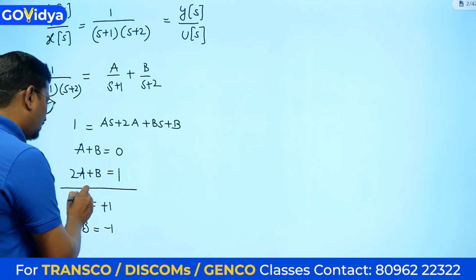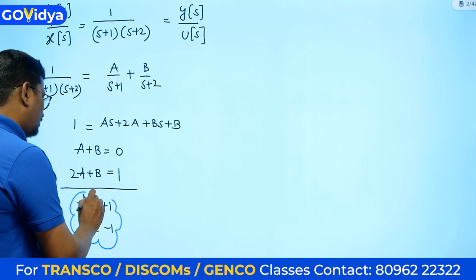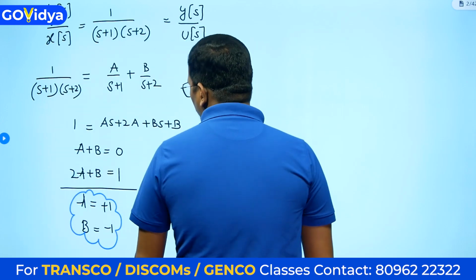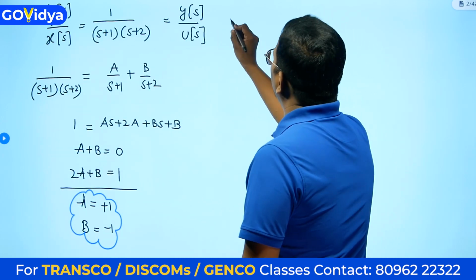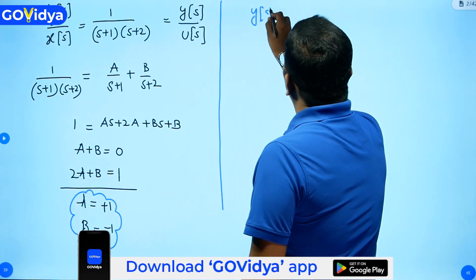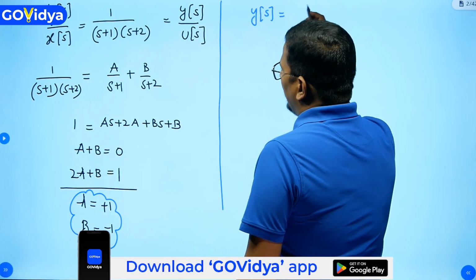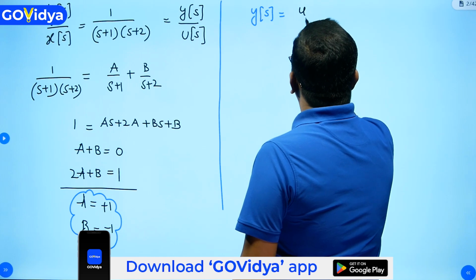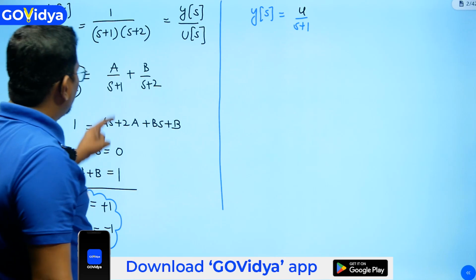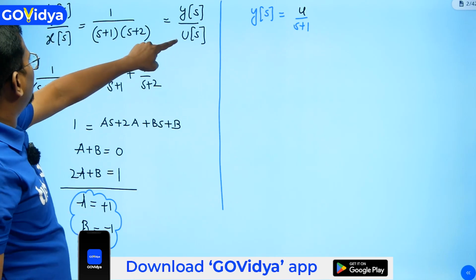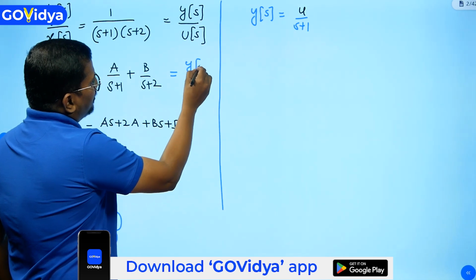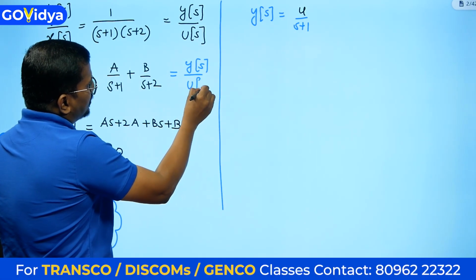So finally we got A and B values. Once you have the A and B values, now let us take the equation. Y of s by u of s.